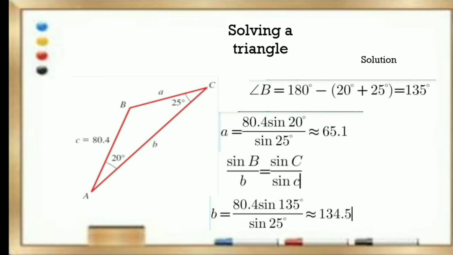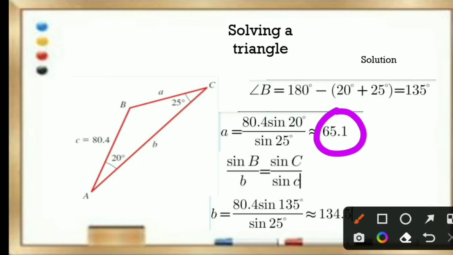Using a scientific calculator, we find the value of side a, approximately 65.1. So side a is approximately 65.1.